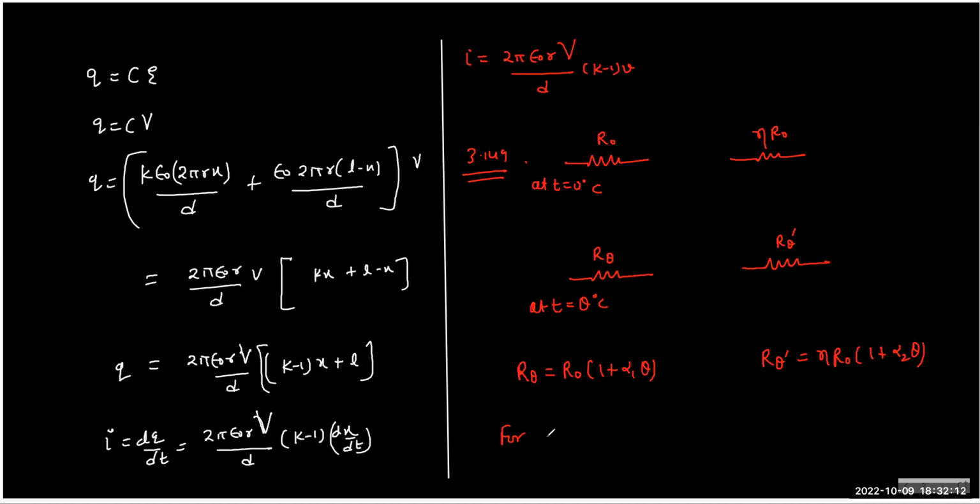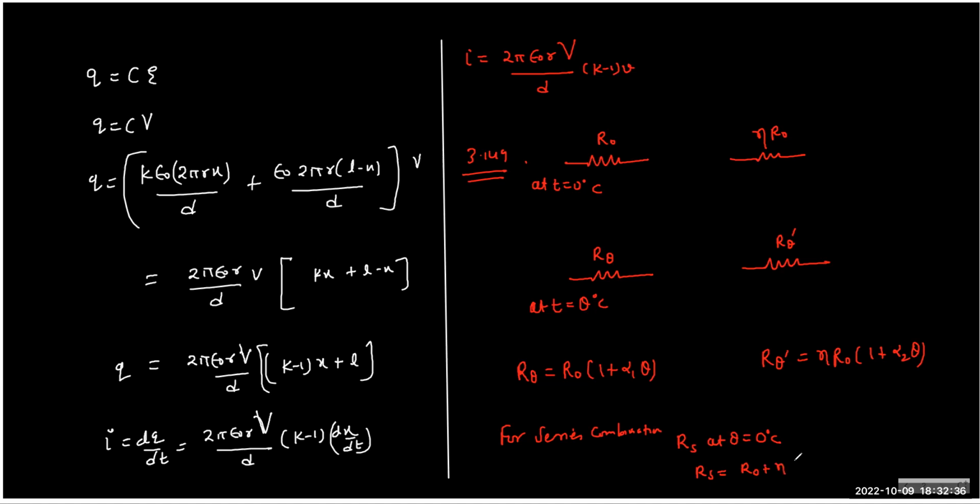So for series combination, let's find R series at theta or t equals 0 degrees Celsius. So at 0 degrees Celsius, the R equivalent is how much?